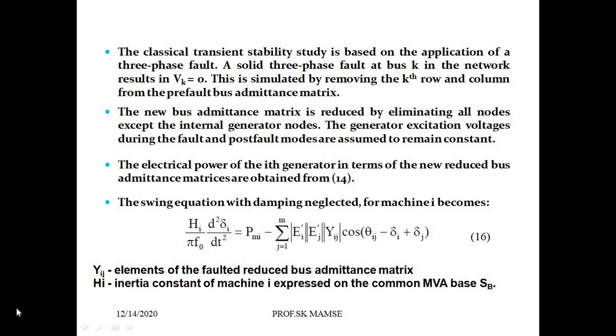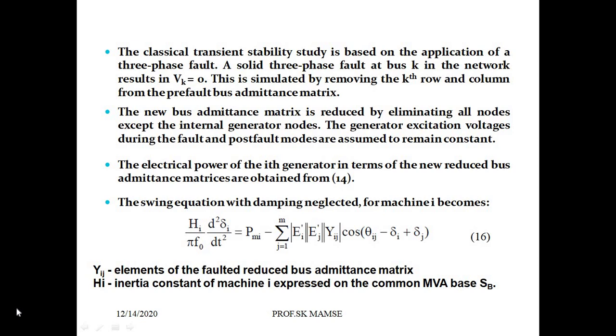The new bus admittance matrix is reduced by eliminating all nodes except the internal generator nodes. The generator excitation voltages during the fault and post-fault modes are assumed to remain constant. The electrical power of the ith generator is obtained in terms of the new reduced bus admittance matrix.